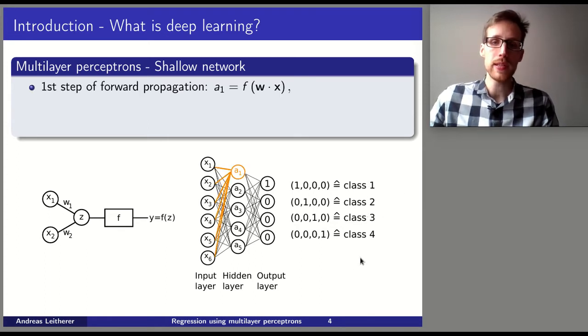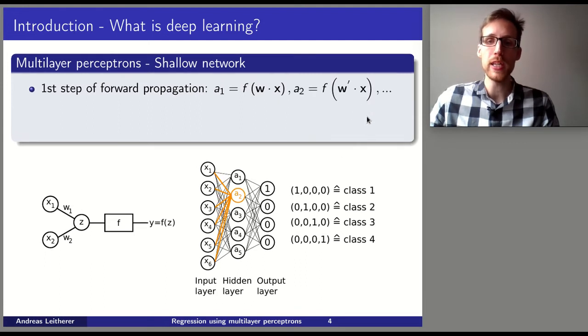And the first step is now when you want to calculate the output in so-called forward propagation. The first step is to calculate the linear combination here, as before for the perceptron, but now with more weights w, which are collected in this vector. And then the linear combination is expressed via this dot product. Similarly, you proceed with different weights w prime for the second activation value, and so on.